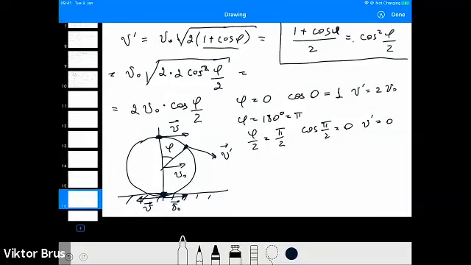If it's not the case, this point of the wheel which touches the ground will always have 0 velocity with respect to the ground. And these are the two most interesting cases while analyzing this equation for resultant velocity of a point on the wheel which rotates on the ground.